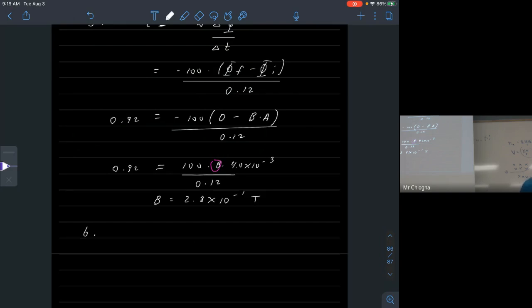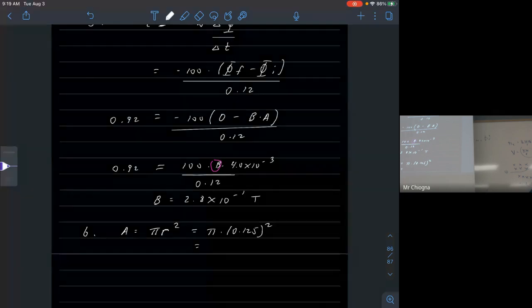Read over 6 to yourself. So this is another common mistake I saw in the lab, actually, when calculating areas, because you did have to calculate areas in that too.